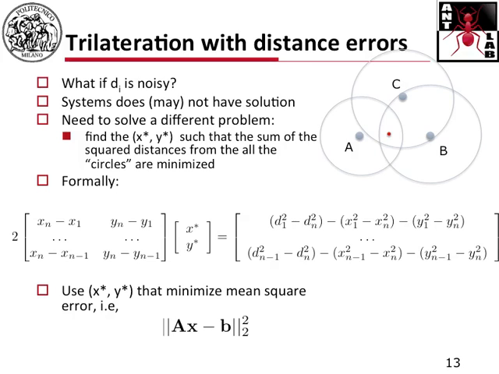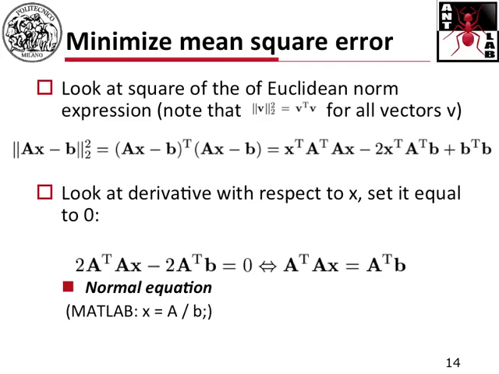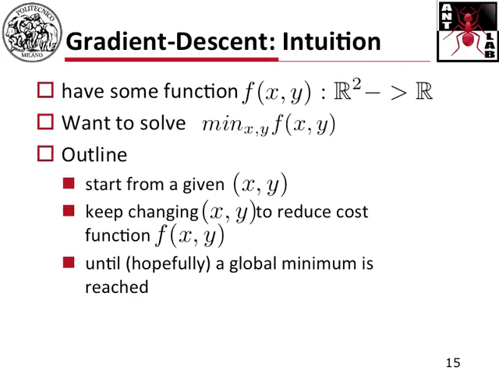However, gradient descent is a general algorithm, which means that you can also apply it to non-convex functions. For example, you might have functions which look like this. In R1, this is x, this is f of x, and you might have functions which are like this.